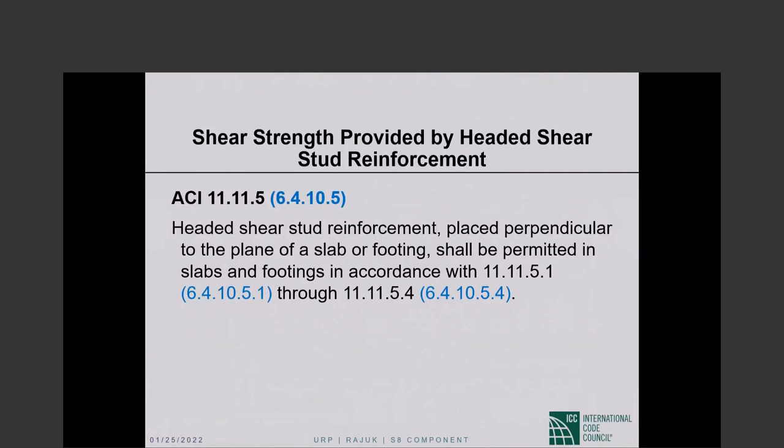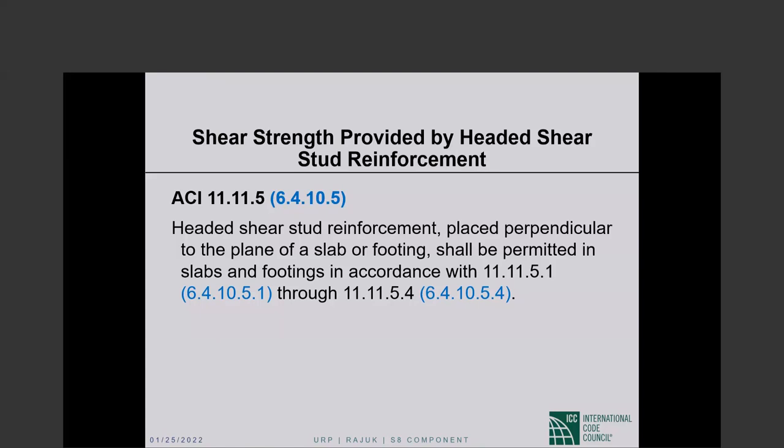Okay, now the headed shear stud reinforcement. This was brought into ACI 318 in the 2008 edition, the edition that you are dealing with. Up to 318-05, this type of reinforcement was not in ACI 318 because headed shear stud reinforcement was a proprietary item.